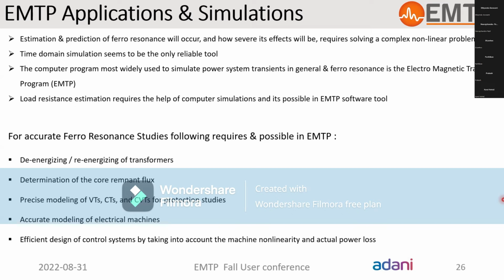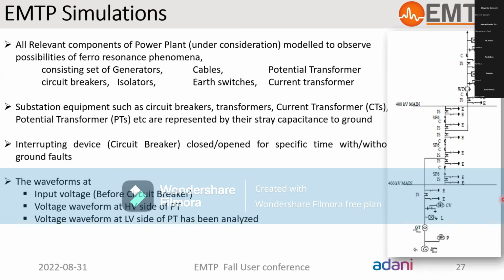The EMTP software tool offers all these functionalities and is capable enough for this type of study involving complex phenomena. As mentioned earlier, the appropriate specification of the load resistance requires the help of computer simulations, and the EMTP software tool does it very well. So based on the power system network of the particular thermal power plant, it was simulated in the EMTP for ferroresonance study.